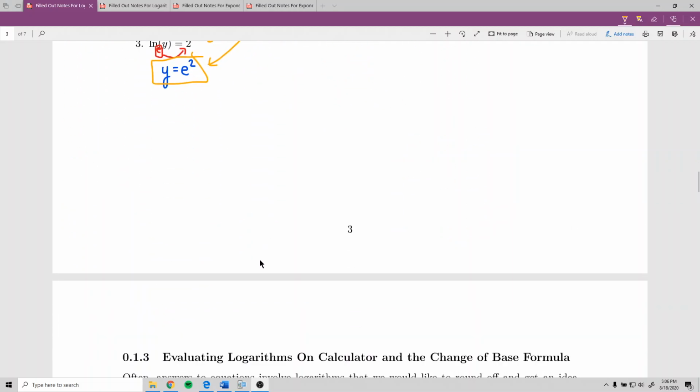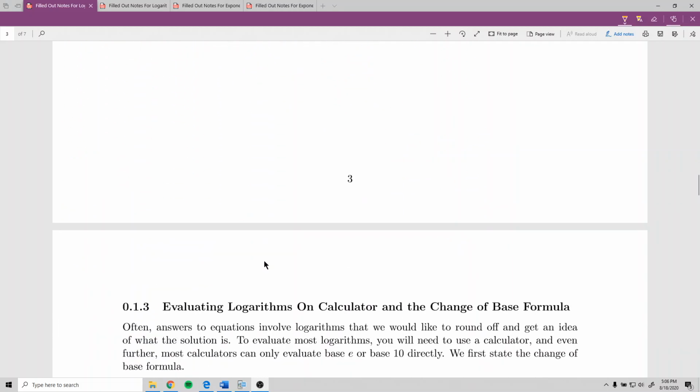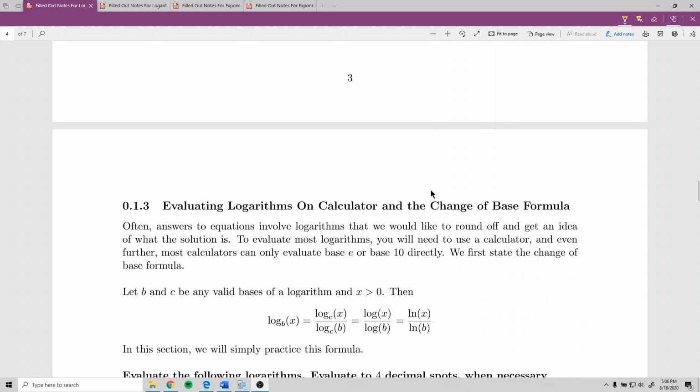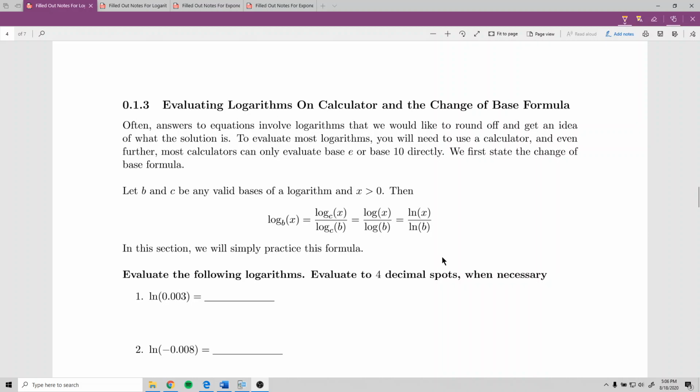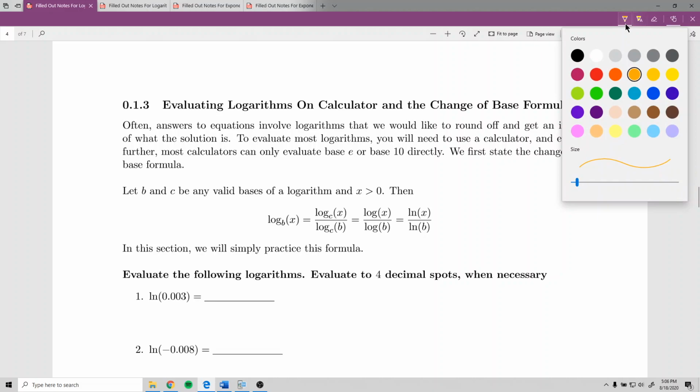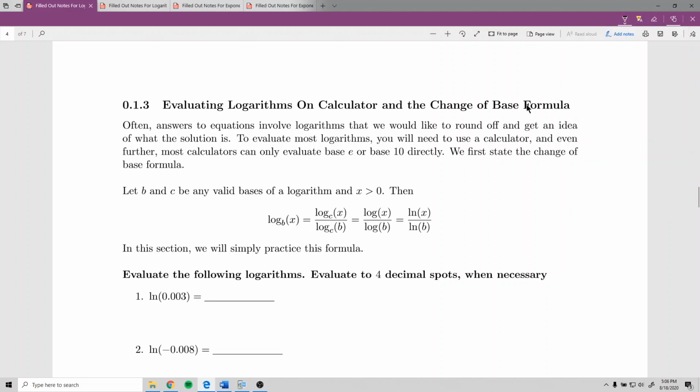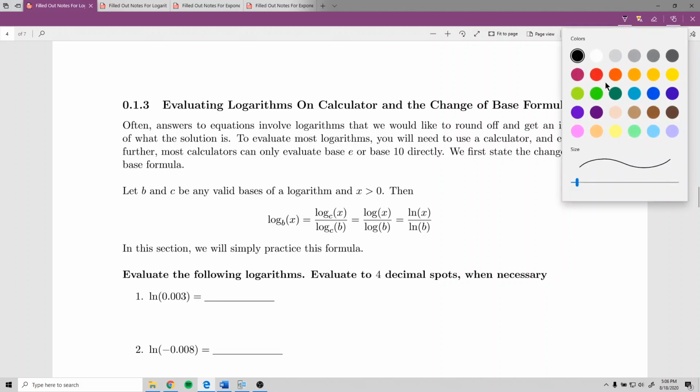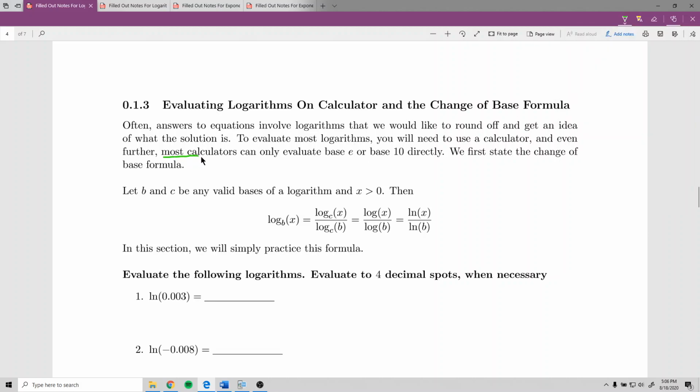All right, now we will look at the next topic, which is evaluating logarithms on the calculator and the change of base formula. Right. So the first thing, I like to just write down the change of base formula, because once we start using the calculator, we don't have to introduce a new formula. The reason is that most calculators, not all of them, can only evaluate base e or base 10 logarithms directly.